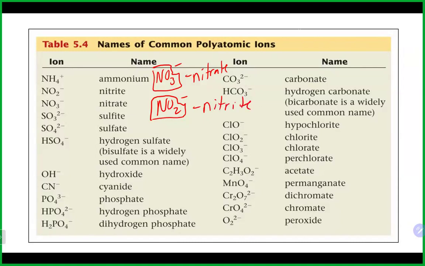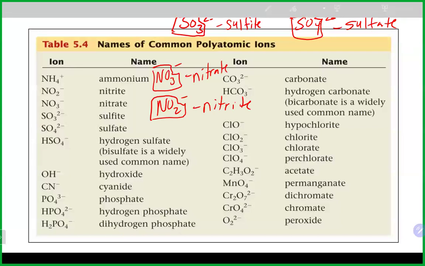We have something like SO4 2 minus, and that is 4 oxygens, 1 sulfur with a -2 charge. That is sulfate. We also have SO3 2 minus. Once again, sulfur and 3 oxygens, -2 charge. That is sulfite.